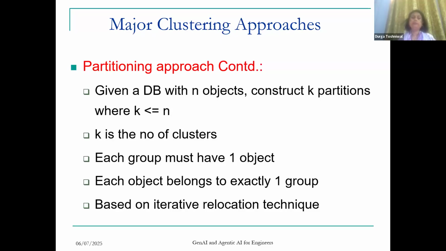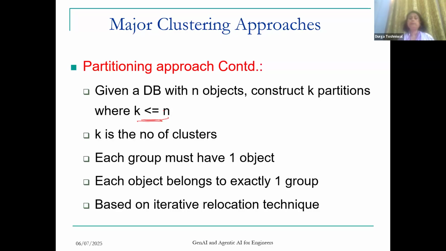They are separate from each other, and there is no overlap or intersection. And in this case, k partitions are formed where k will be much, much less than n, where n is the total number of data points given to us.